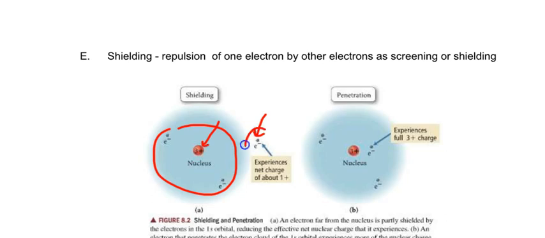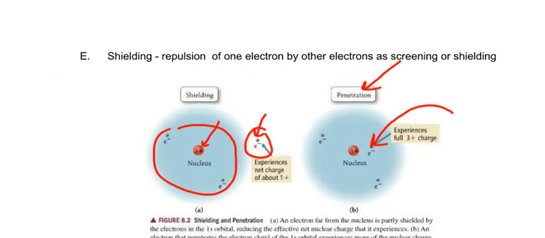So this electron is more loosely held, bound by the nucleus, than the interior electrons. They're shielding each other, so you can call them either shielded or repelled. If this electron can somehow get into the interior, and that's what this means here, then that electron will experience a full +3 charge. It's not being blocked out by the other two.